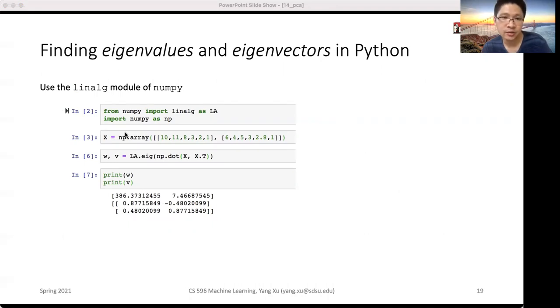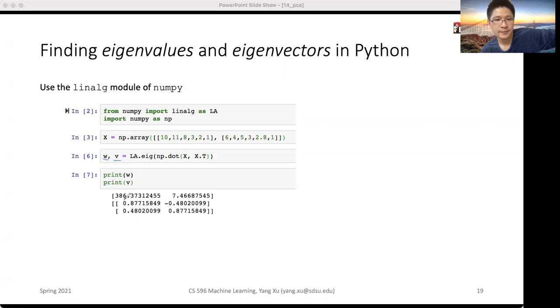Given a data set, you just use the linear algebra module of NumPy and the eig function, apply it to the covariance matrix, and it will return the eigenvalues and the eigenvectors. The first one is the eigenvalues and the second one is the eigenvectors.